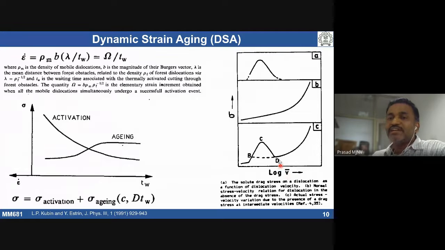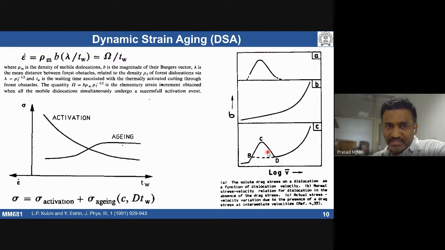In a particular window, the solute drag effect on the dislocations can dominate, and that can also increase the strength of a material. This is where people have explained dynamic strain aging in materials.